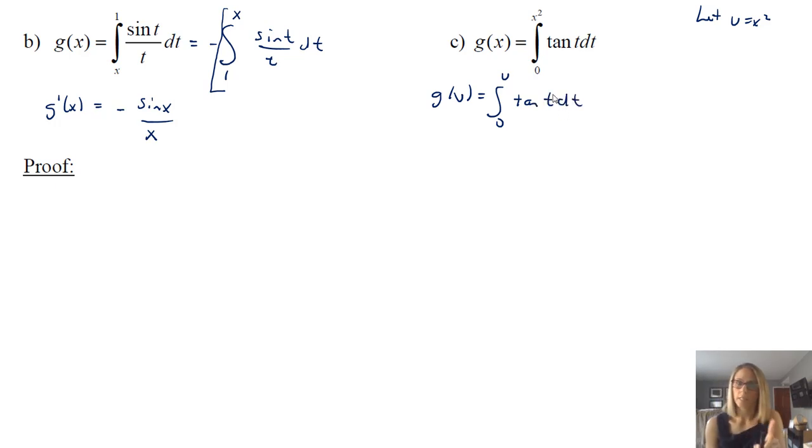But again, the idea here is this allows me to now use the fundamental theorem, which I couldn't in the way that it was written with C. So in doing this, now I can take my derivative. So understand that if we want g prime of x, we're going to have to do g prime of u times u prime of x. So it essentially becomes a chain rule problem now.